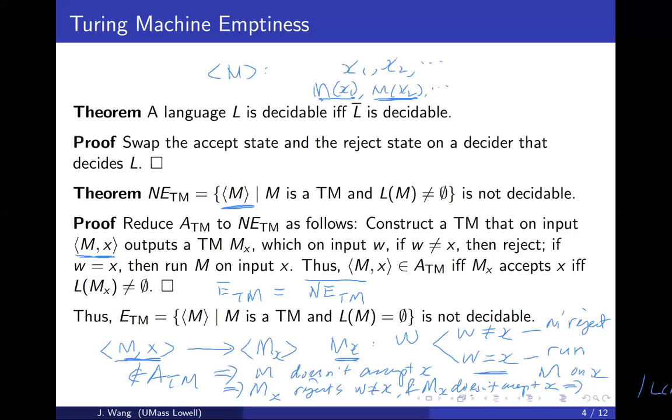It says it's not empty, that means it's empty. So E sub TM is not decidable either, because NE sub TM is not decidable and its complement is not decidable either.